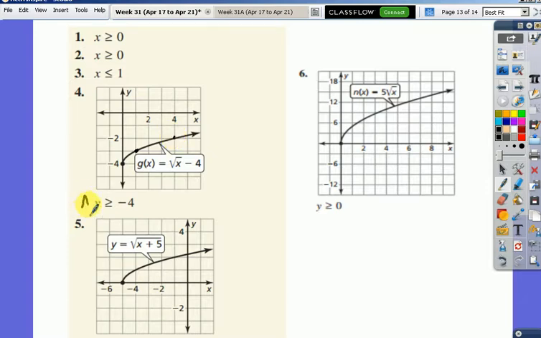So here, y is greater than or equal to -4, so they just took that parent function and subtracted 4. Again, notice what these transformations did. This moved it down. This moved it to the left. And then we're going to talk about compressions and stretches as well. So this was obviously a stretch.